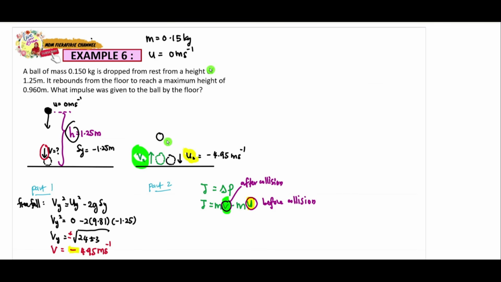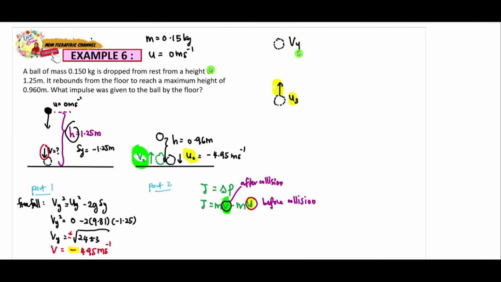So now we need to consider the motion of the ball daripada dia dekat bawah. Saya letak ini sebagai U3. Kan, dia naik atas. Ini yang kita nak cari ni, masa dia mula nak naik atas sebelum dia sampai maximum height.